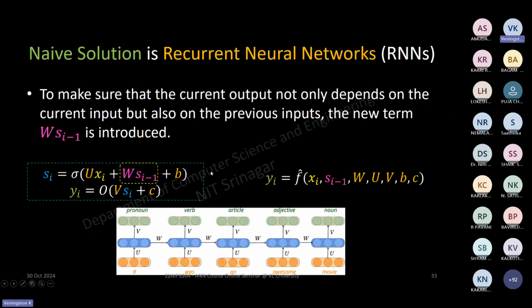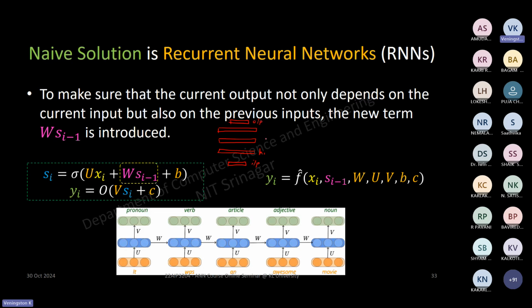So here is the standard structure of a recurrent neural network, where we are going to use three sets of weights. In the case of a standard fully connected neural network, we'll have our input vector, then some number of units in the first hidden layer, some number of neurons in the second hidden layer, then the third hidden layer, and finally the output layer.